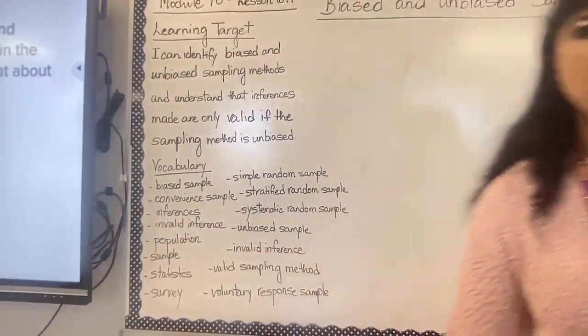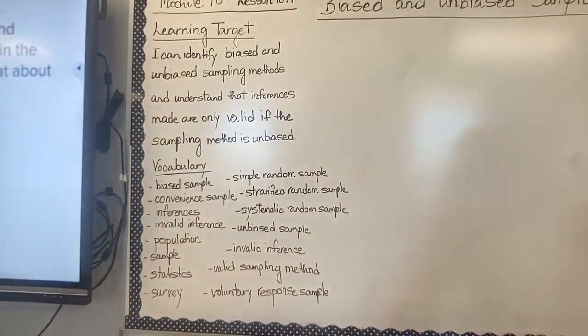Okay, so once again, this entire unit is about surveys that are collected from a population, whether it is a sample, whether it is a population, what it is representing, and then definitely the different types of methods. Please remember, once again, simple random sample, stratified random sample, and systematic random sample.